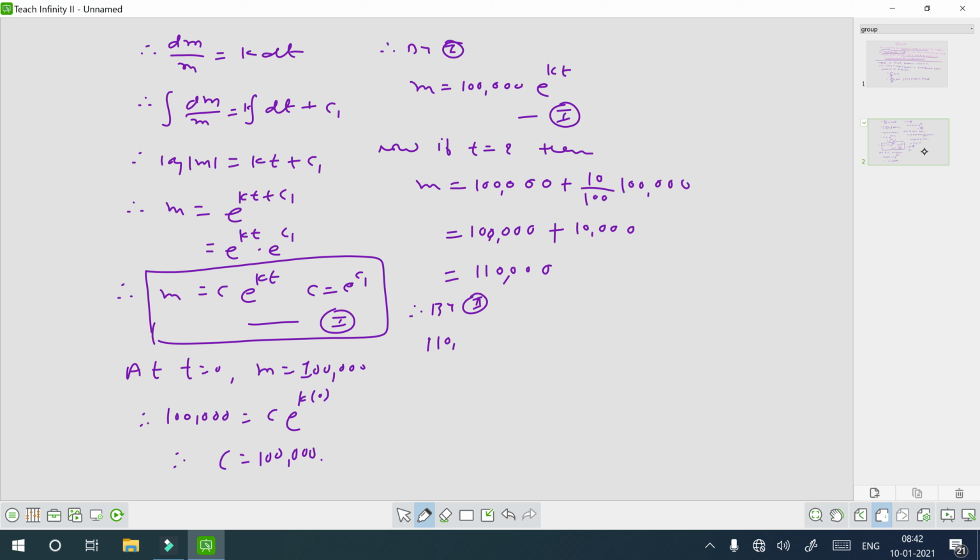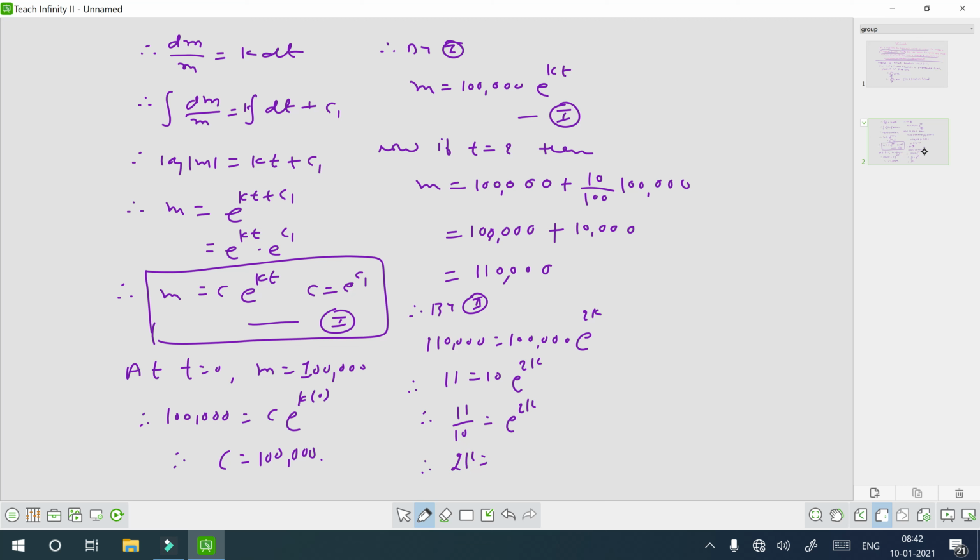So therefore by 2, 1 lakh 10,000 is equal to 1 lakh e raised to 2k. So 11 is equal to 10 e raised to 2k. So 11 by 10 is equal to e raised to 2k.